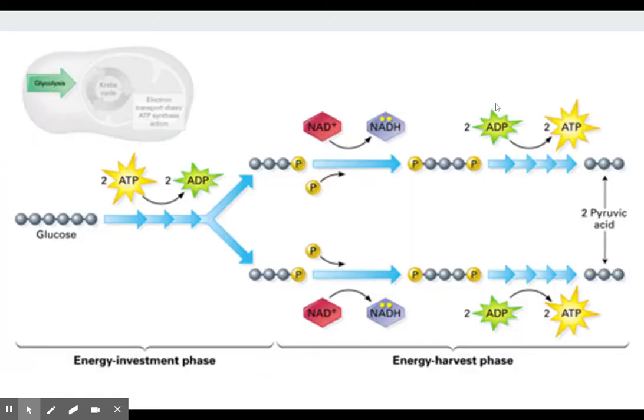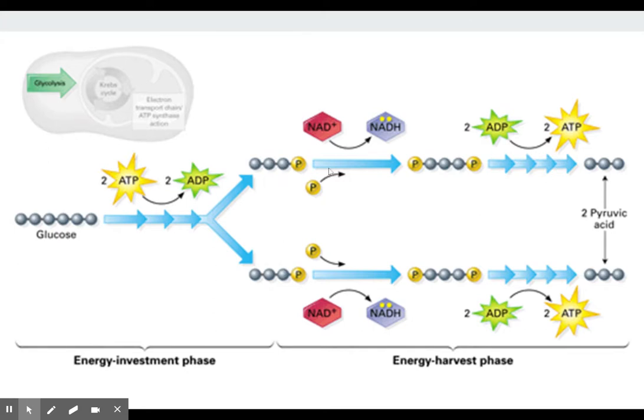Now, here's a little diagram showing you what's actually going on. You don't need to know the nitty-gritty details behind this, but let's walk through it really quick. Here is our initial molecule of glucose, and in order to break it apart, we have to add ATP. It's kind of weird: we're adding ATP to a process that we're using to make ATP. But they add ATP and it gets broken down, and then the same chemical reaction happens twice.